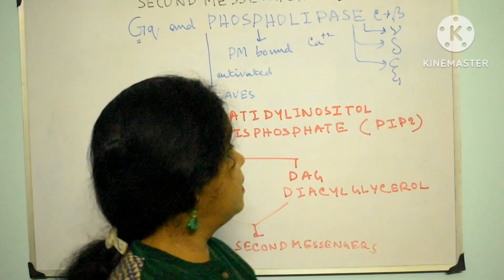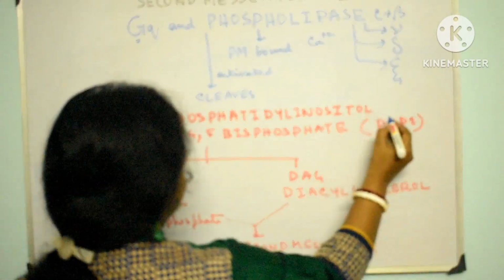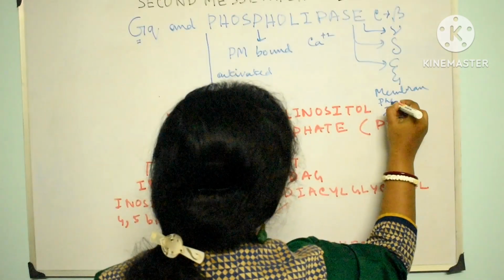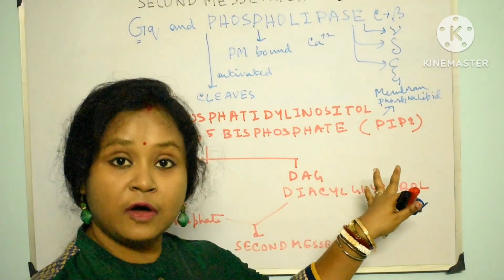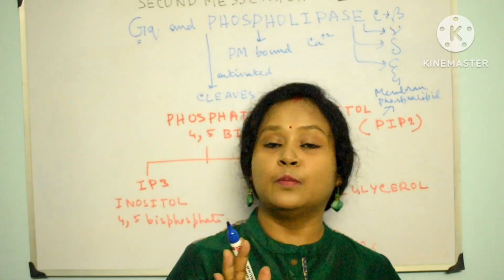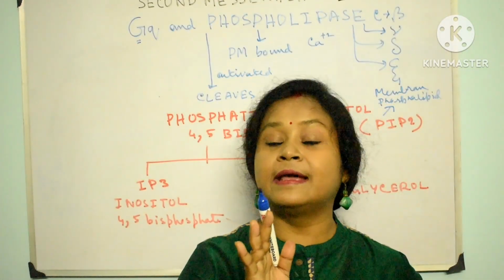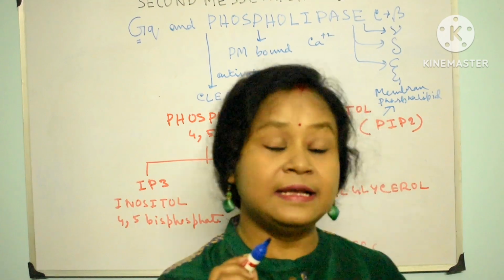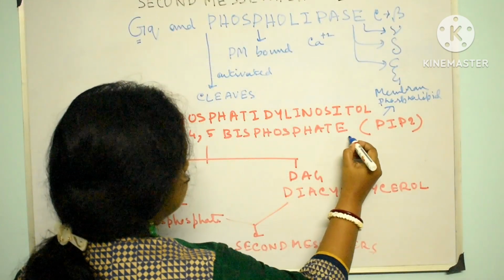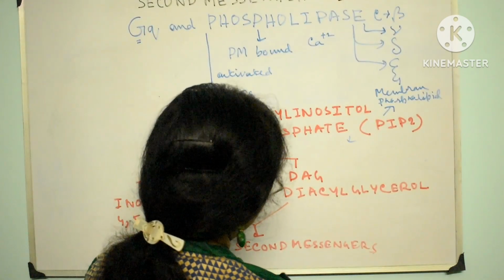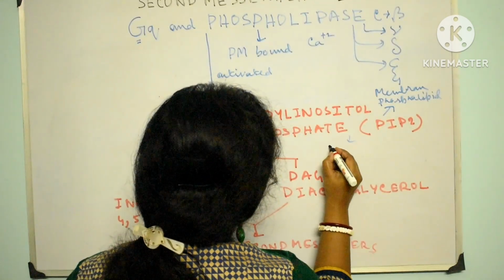This PIP2 is a membrane phospholipid, a plasma membrane phospholipid, and it is a minor component of the plasma membrane, localized to the inner leaflet of the phospholipid bilayer.